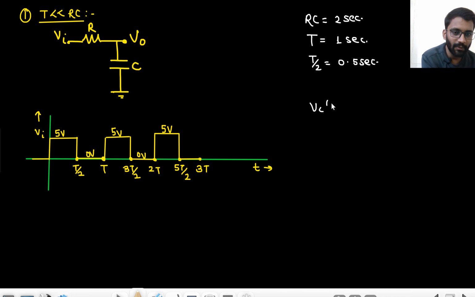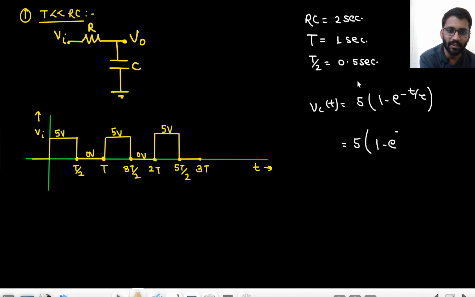VC(t) would try to go up to 5 volt. The equation will be something like this: 5 into e to the power minus t upon tau. Now tau is your RC, but at t by 2, what will happen? e to the power minus t by 2. What is t by 2? 0.5. And what is the time constant RC? That is 2. So it will gain only this much value.